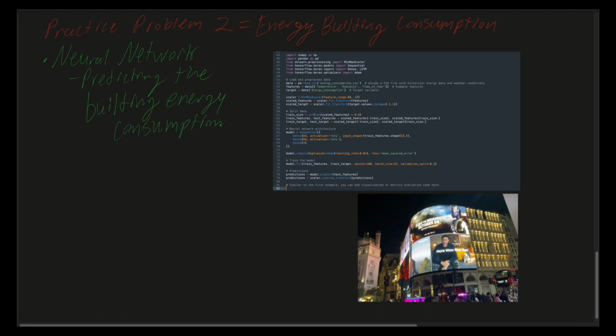And as we know, a neural network typically has three groups of layers. We have the input layer, we have one or more hidden layers, which is where the training happens. Then we have the output layer, which gives us our output.